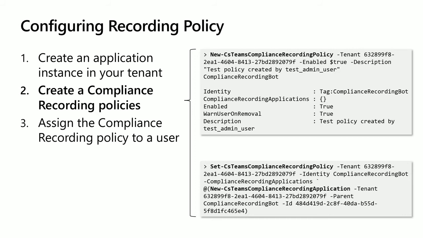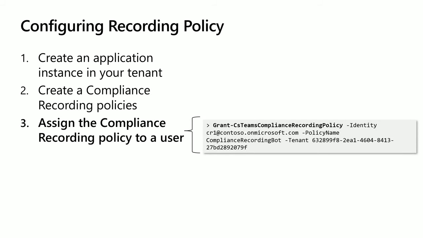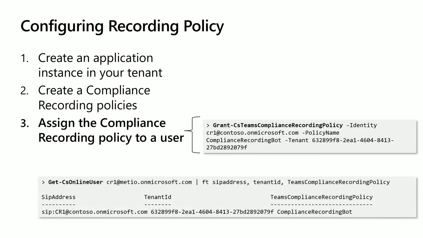The same way that Jamie probably talked about some of the policy work here, I'm stipulating effectively a default setting, and I can apply this default setting to types of users. Once I've created that default setting, I can go ahead and do the apply. When I do the apply, or the grant in this particular case, what I net out with is, if I look at this user, I can see that this user has this recorder assigned to it via this policy.